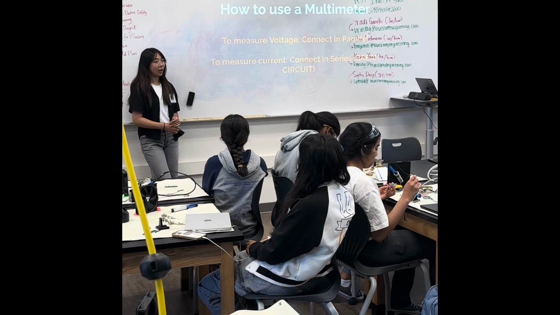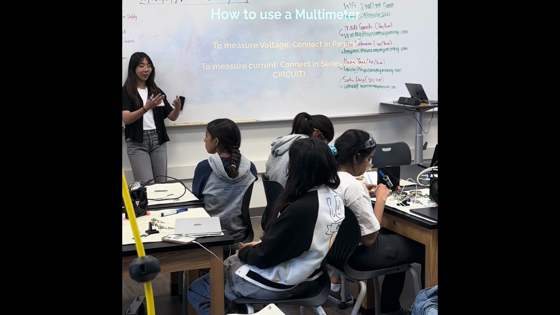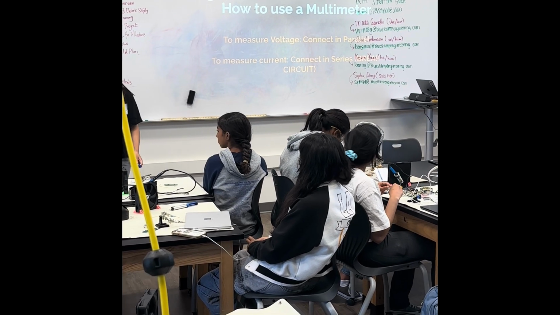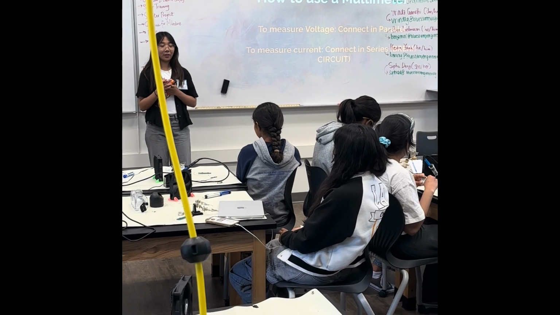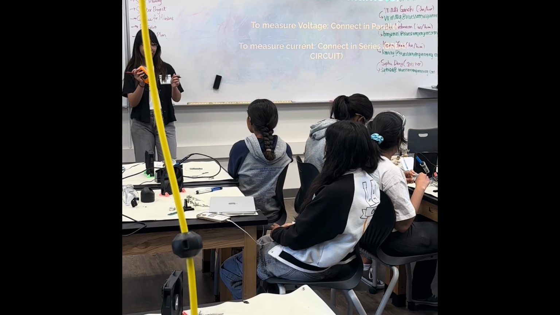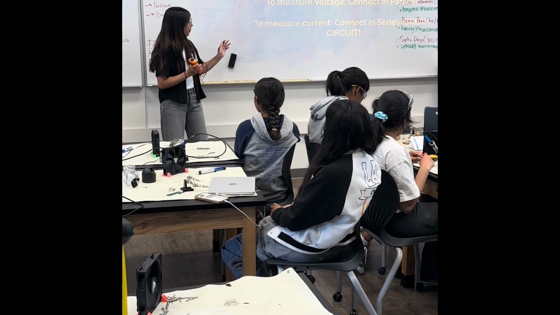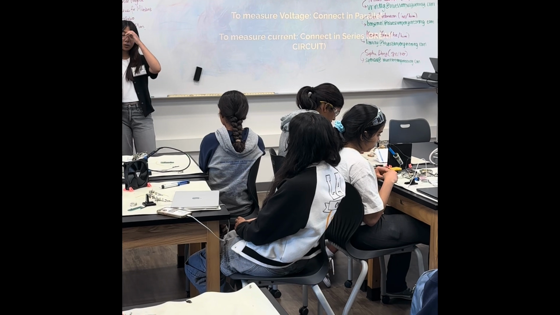So for voltage, say you have a resistor and a breadboard. You can connect each of these to one leg of the resistor, and that means that this is going to be connected in parallel, and you can read the voltage. However, for current, it's a little bit harder. You want to put this in series in order to read current.